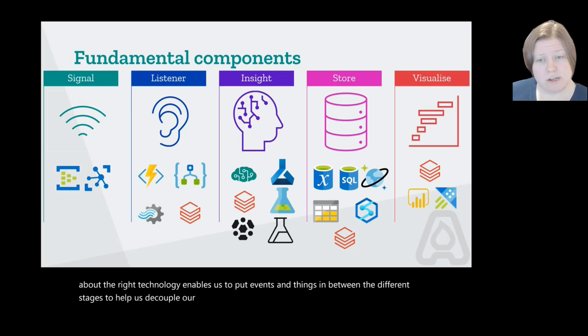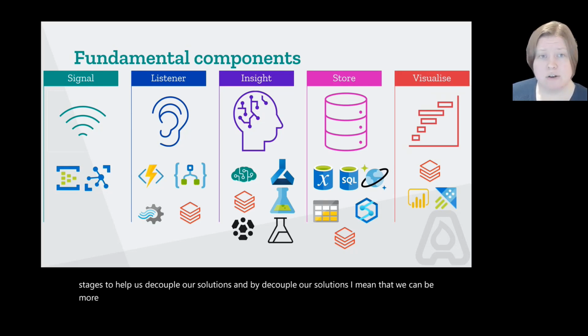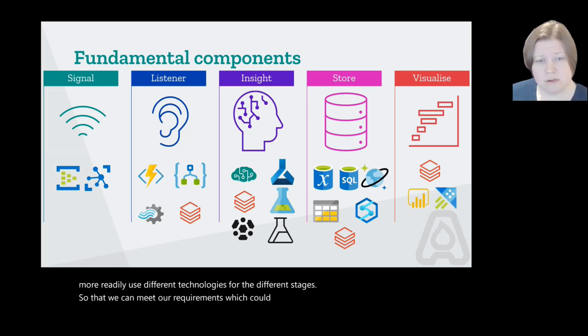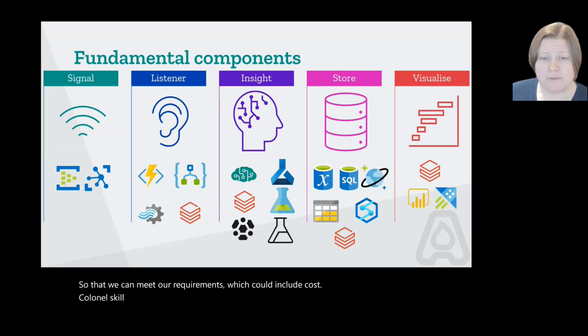And by decouple our solutions, I mean that we can more readily use different technologies for the different stages so that we can meet our requirements, which could include cost, scale, internal skill sets, and other common considerations.